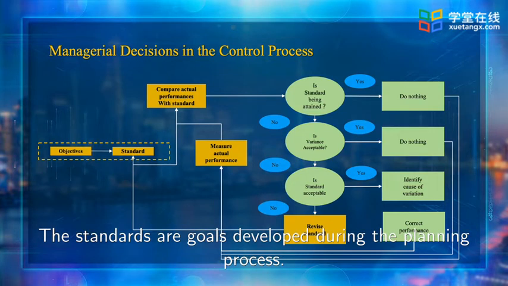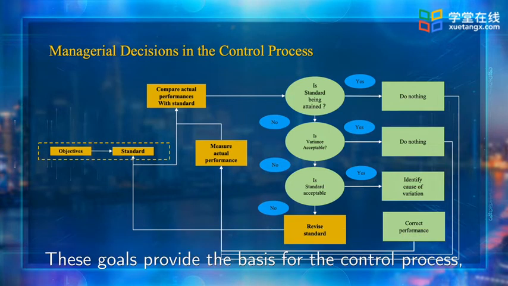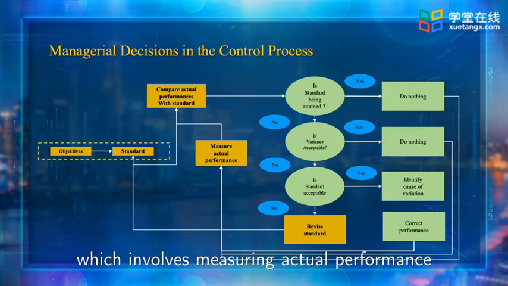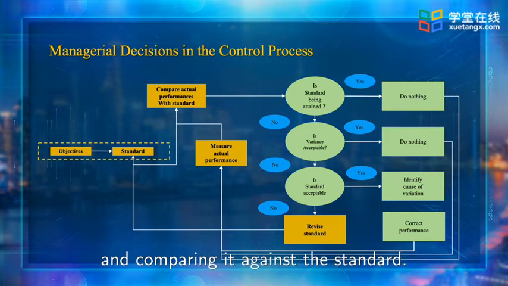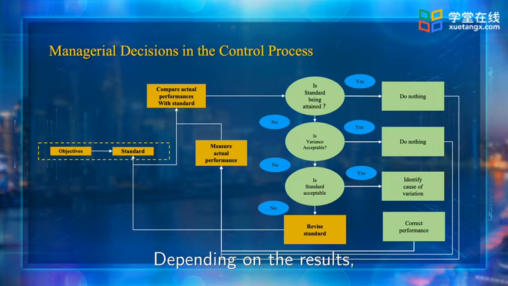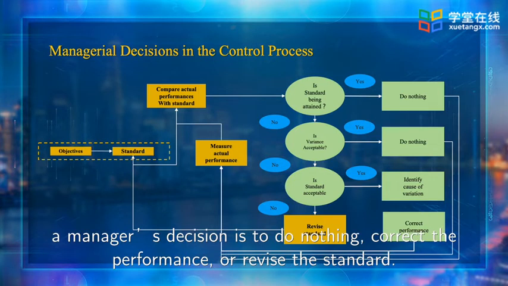The standards are goals developed during the planning process. These goals provide the basis for the control process, which involves measuring actual performance and comparing it against the standard. Depending on the results, a manager's decision is to do nothing, correct the performance, or revise the standard.